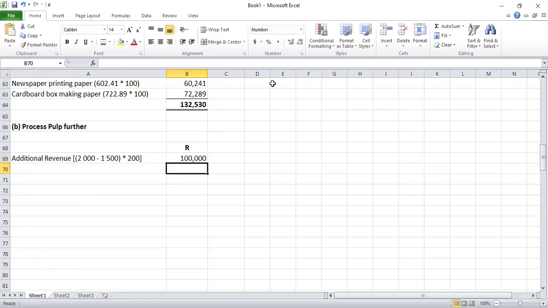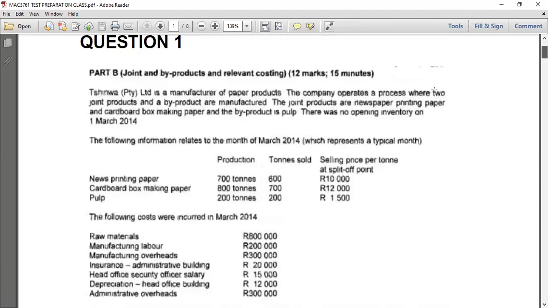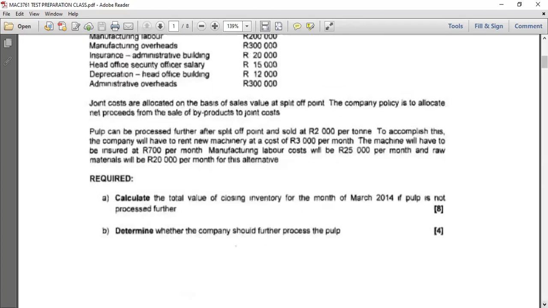Right. Then what are the costs? To accomplish this, the company will have to rent new machinery at a cost of 3,000 per month. So we have to be very sure: are we dealing with a month or a year? Right. This one, the information is for a month. These production activities are for a month. So we want the monthly cost. But if it was for a year, then we're going to multiply by 12.